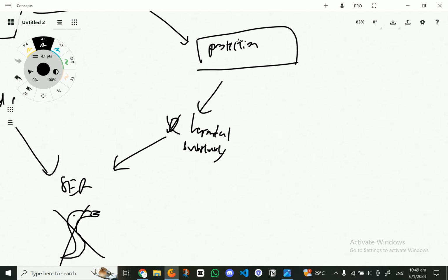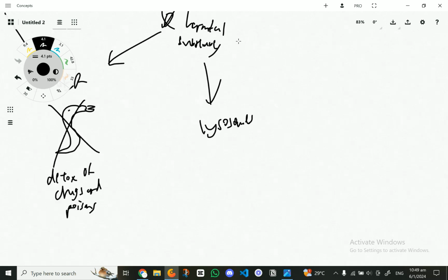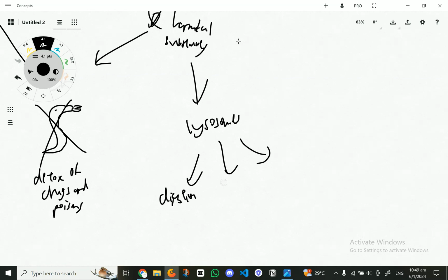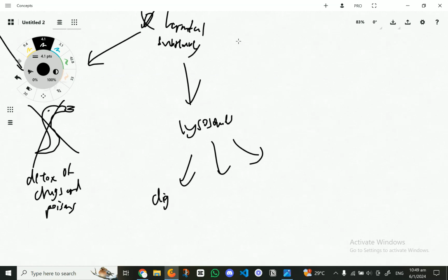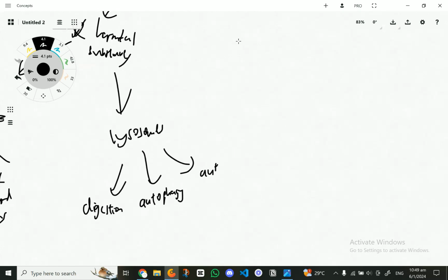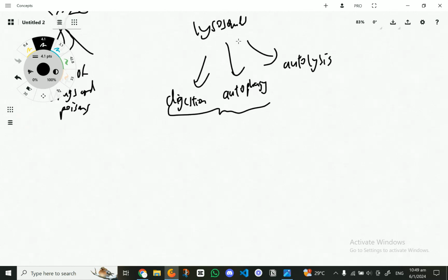And the reason why I created this even in the first place is actually for lysosomes, which undergo digestion, autophagy and autolysis, and these two are involved. I don't feel like drawing it, but screw it.